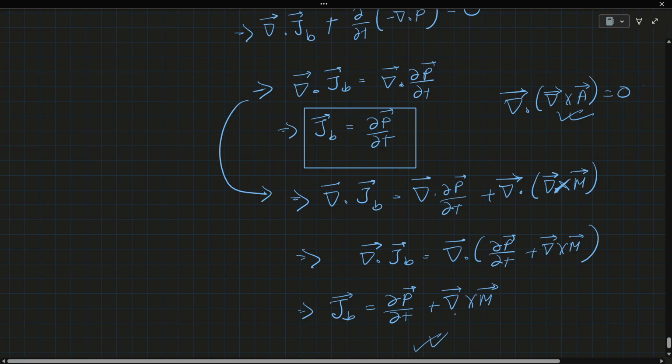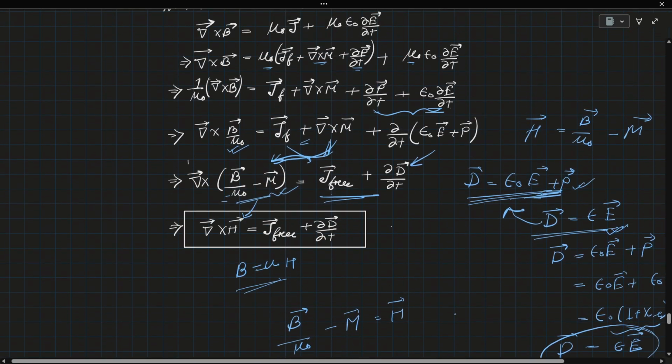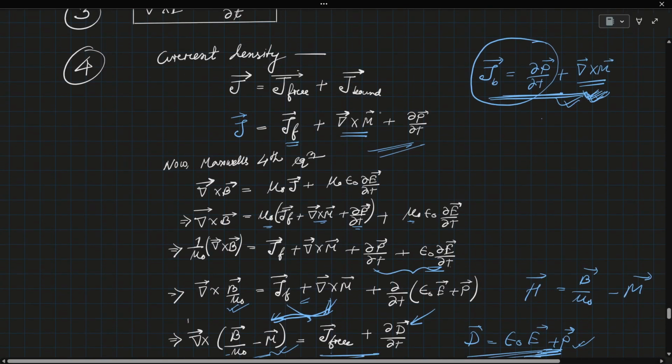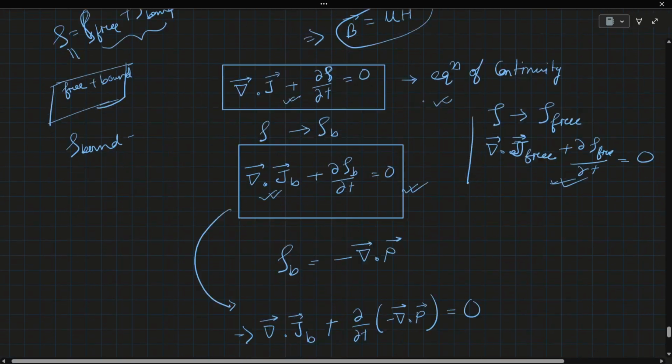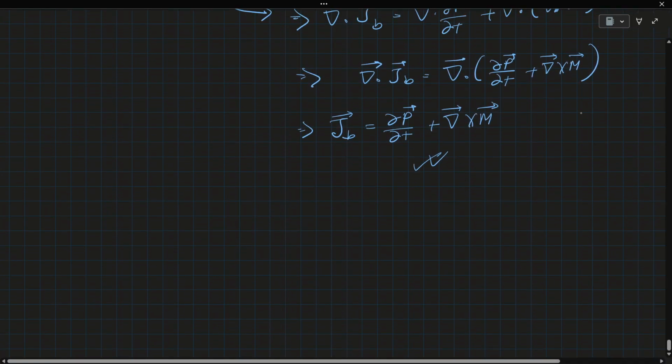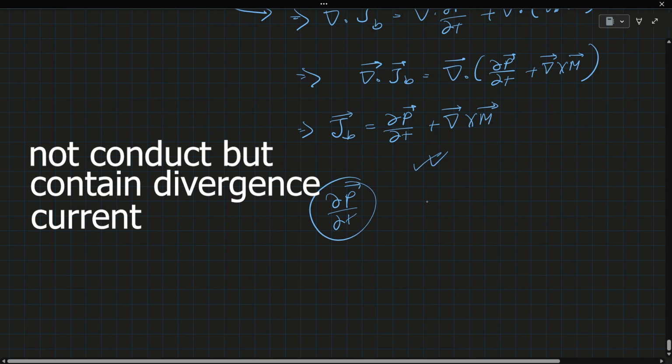So from this I was writing the bound current jb. But why am I taking the magnetization factor? It is because it is not sufficient to represent bound currents in a material medium, a dielectric medium, simply as del p by del t, because bound carriers can also conduct divergence free current.